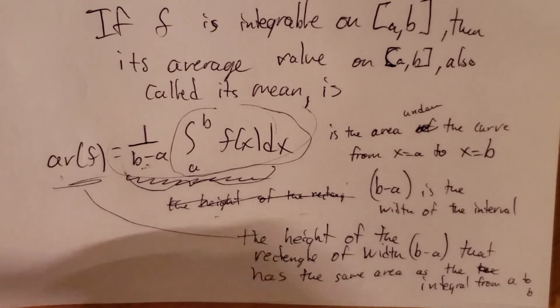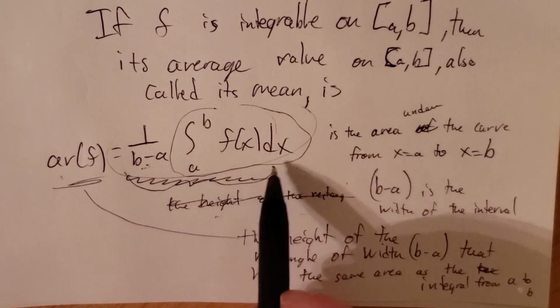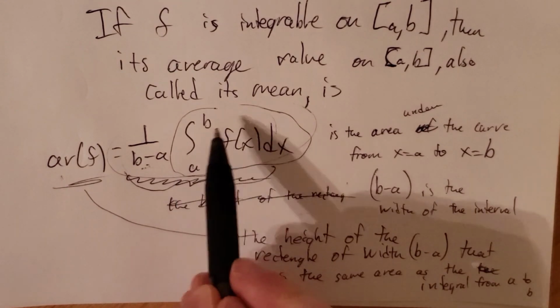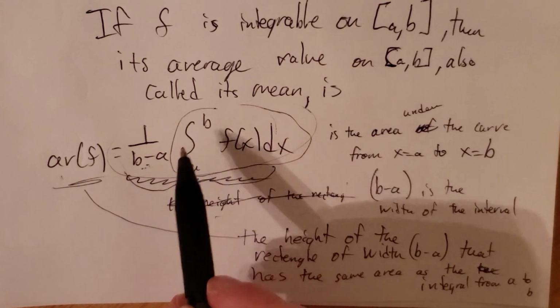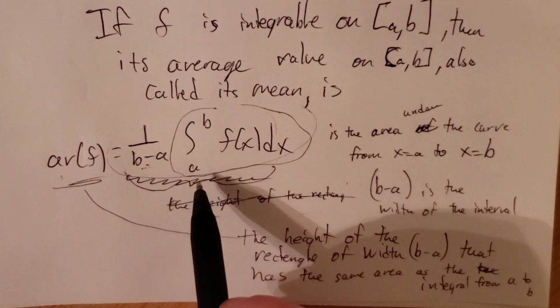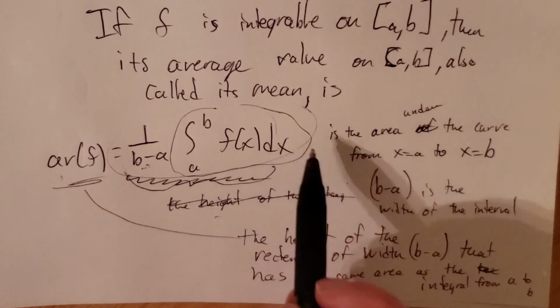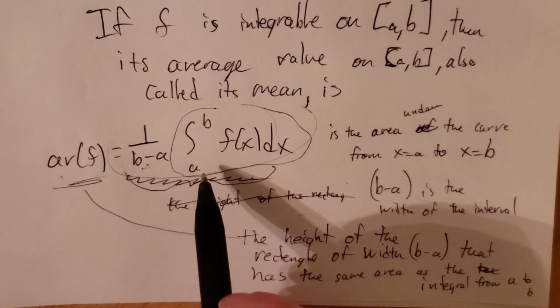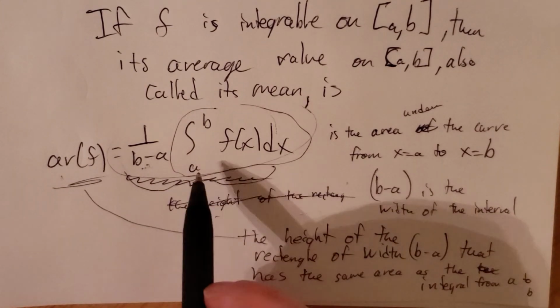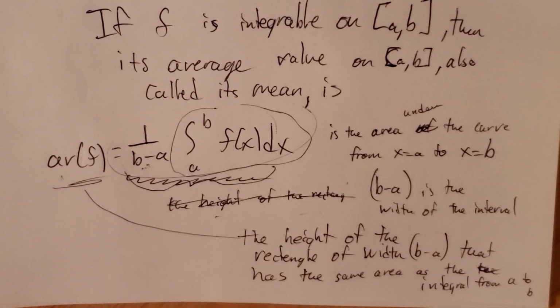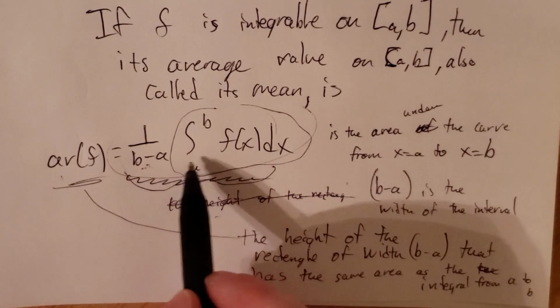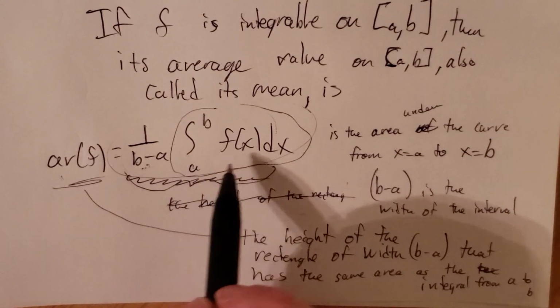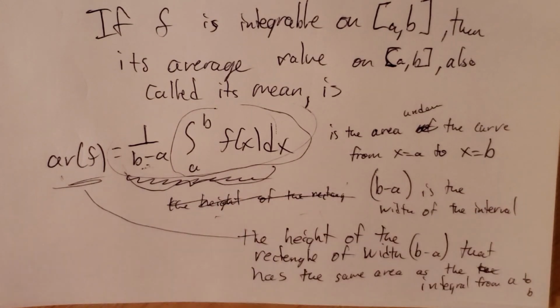Well, here what we do is we add up the heights, really areas of rectangles. But we can almost think of it as adding up a bunch of heights and then dividing by the width of the interval that we're adding up all of these heights, or really areas, on, and that gives us an average height or an average value. And that's it for this video.